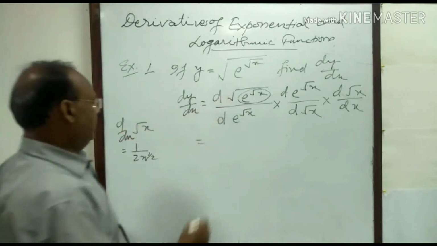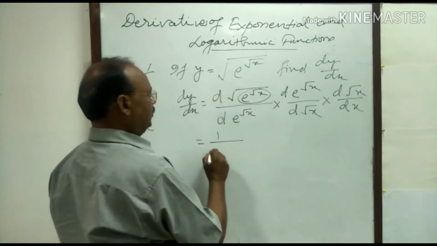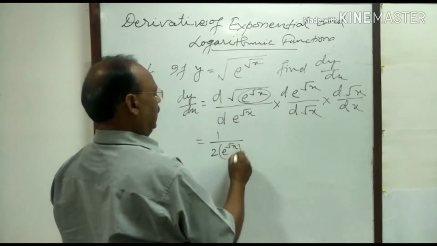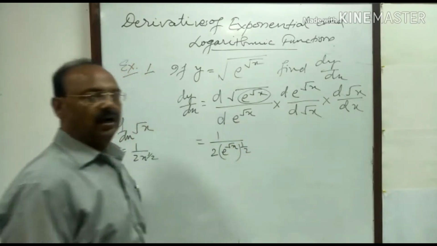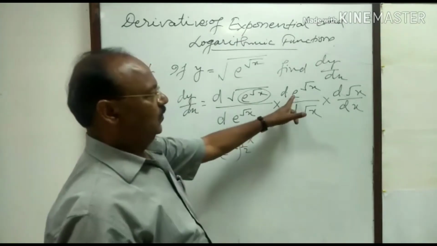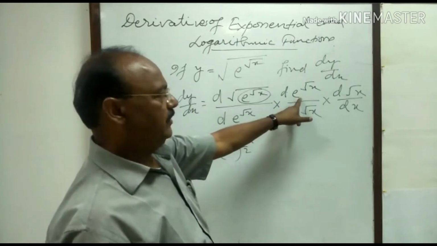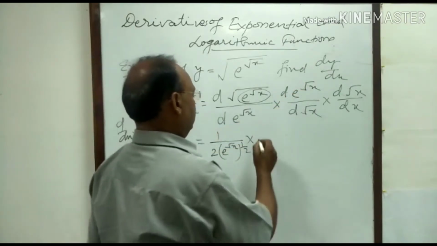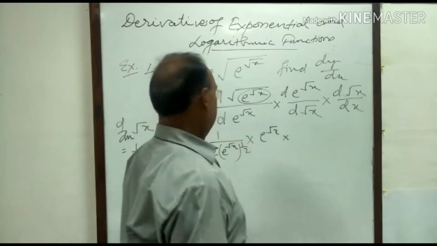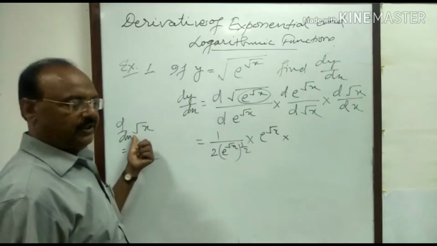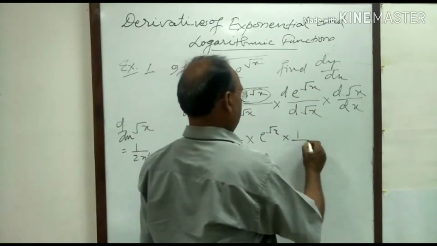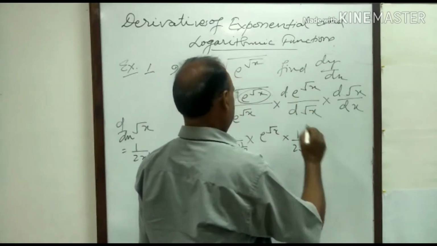So this can be written as 1 by 2 into (e to the power root x) whole to the power half, into the derivative of the exponential function, which will remain as it is. So into e to the power root x, and you see here the derivative of root x with respect to x is 1 by 2 root x.